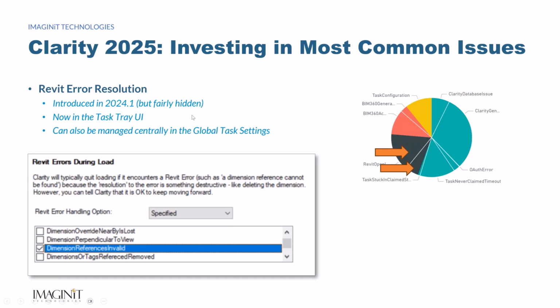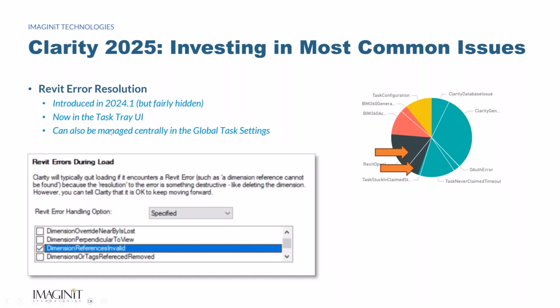And so in 2025, this is now moved into the Clarity task tray user interface. You can go in and say, these kinds of errors, should you encounter them, go ahead and push forward, do whatever needs to be done to keep the tasks going instead of bailing out of even loading the model.